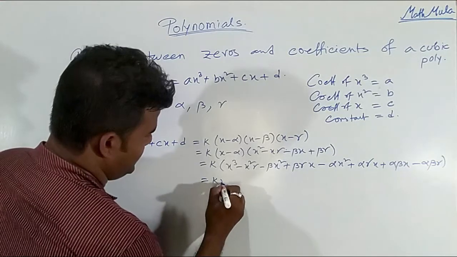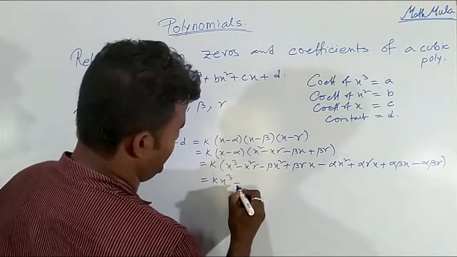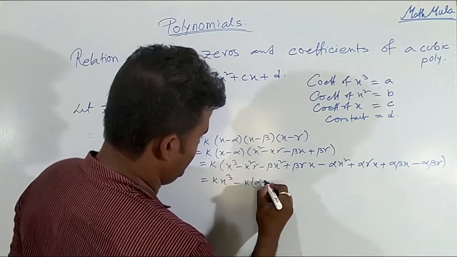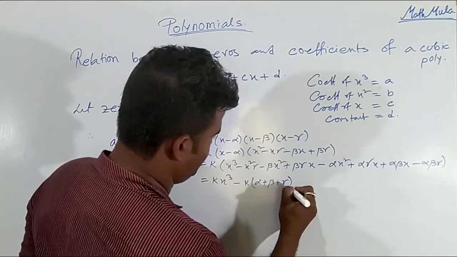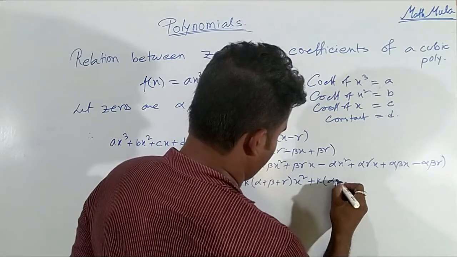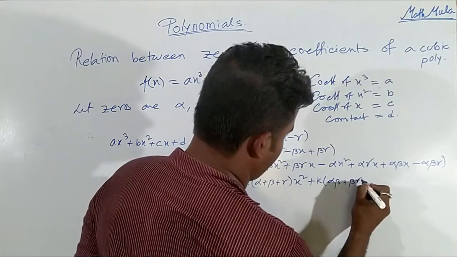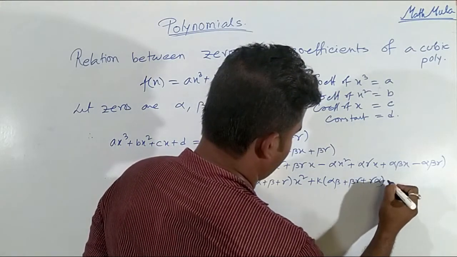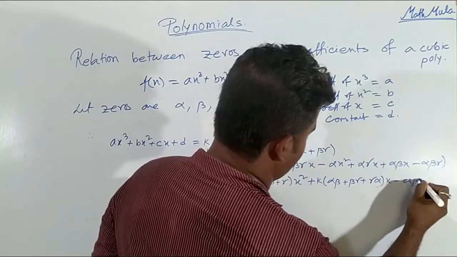This is equal to kx cube minus k of alpha plus beta plus gamma, times x square, plus k of alpha beta plus beta gamma plus gamma alpha, times x, minus k alpha beta gamma.